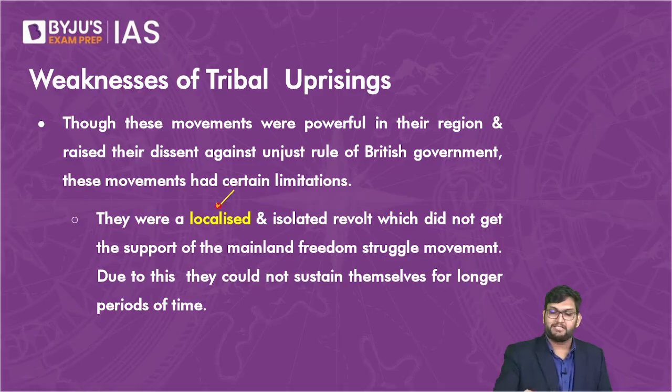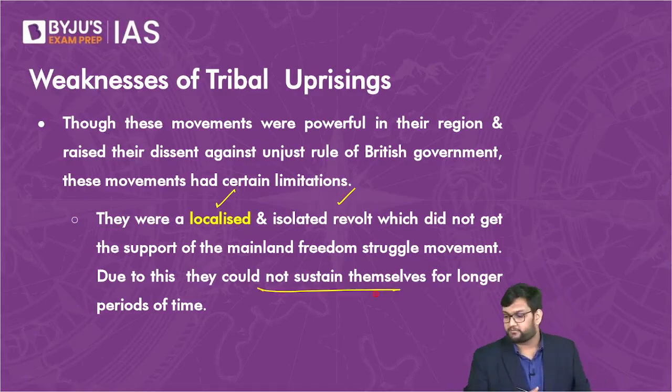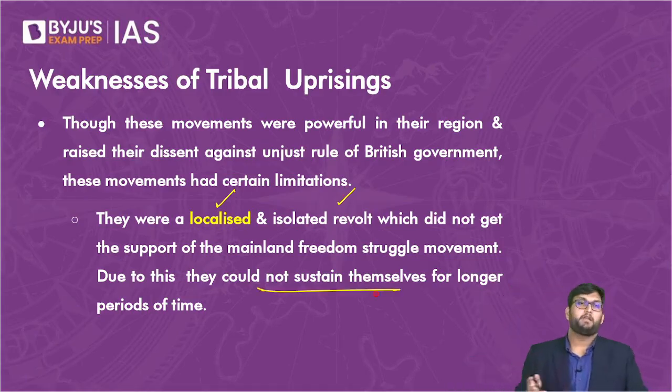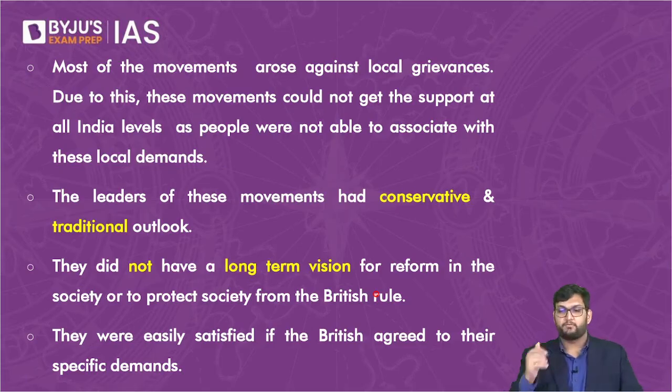They are localized, isolated revolts with no real connection with the main larger freedom struggle. Therefore, they were not able to sustain themselves for a very long time. Further, most of the movements arose out of local grievances.